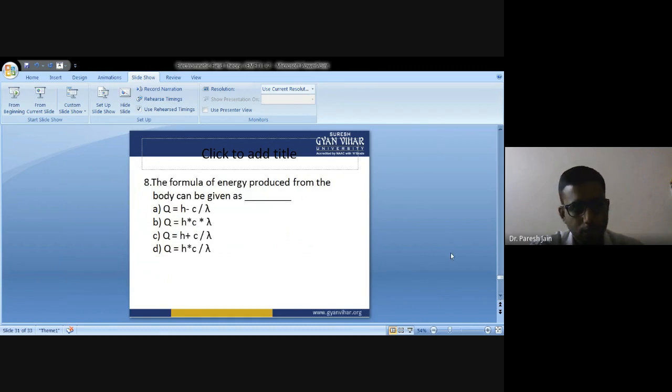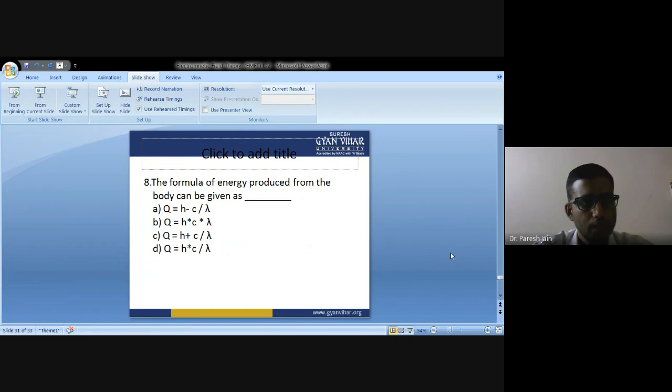Eighth question. The formula of the energy produced from the body can be given as: option A, Q is equal to h minus c upon lambda. Option B, Q is equal to h into c into lambda. Option C, Q is equal to h plus c upon lambda.